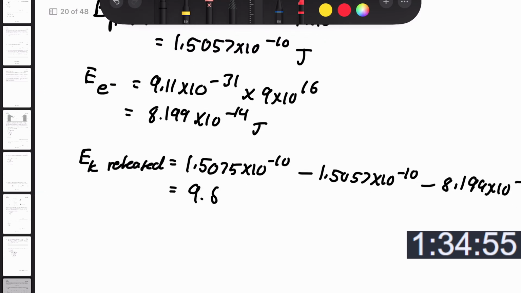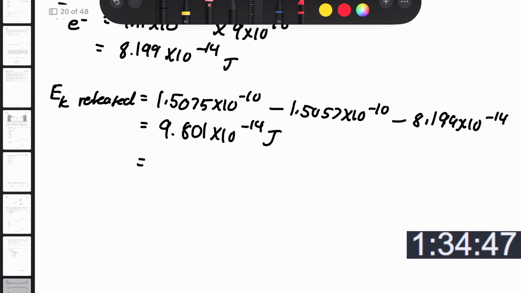So 9.801 times 10 to the negative 14 joules, equal to 6.13 times 10 to the 5 electron volts.